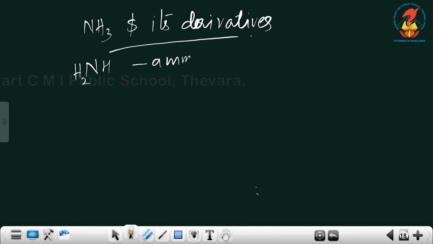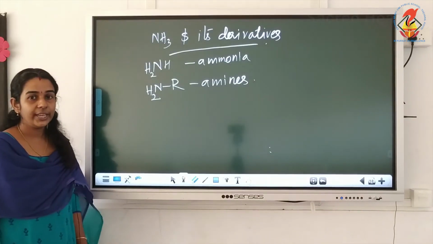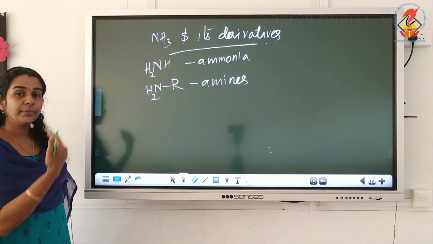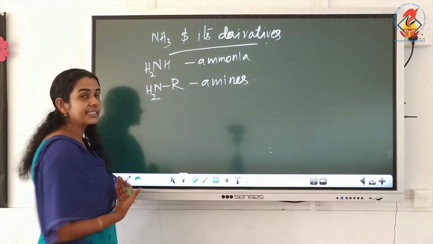This is ammonia. And the next one is, if I am replacing this hydrogen by an alkyl group, how will it be? NH2R. And these are called amines.